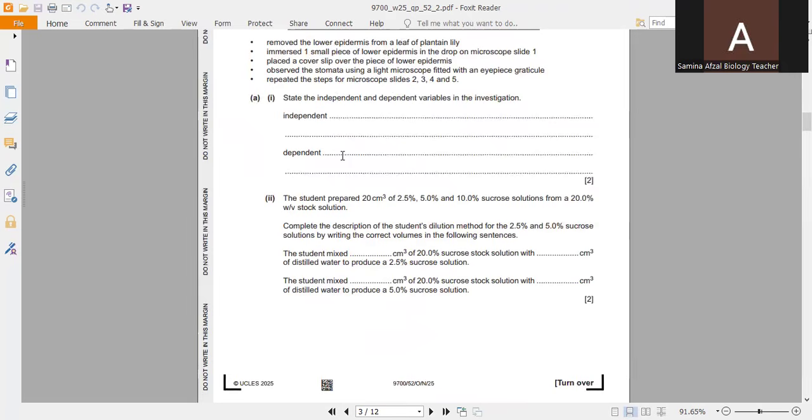Now state the independent and dependent variables. So we have to write the independent and dependent variables in this slide.